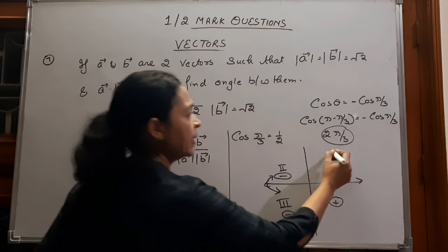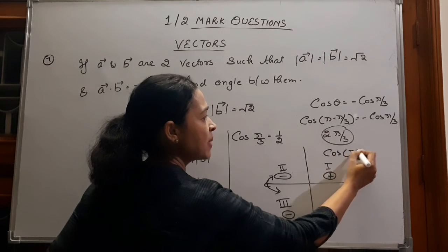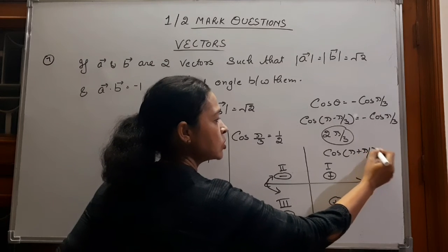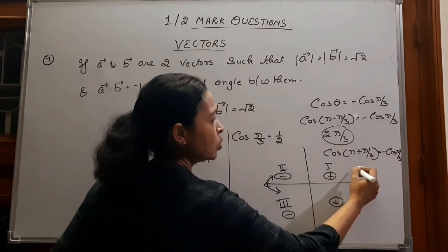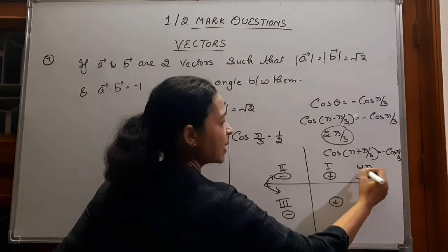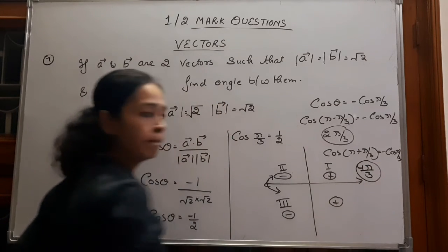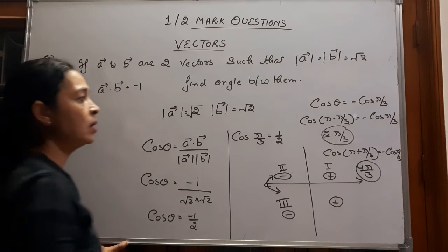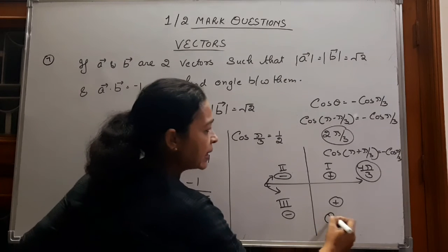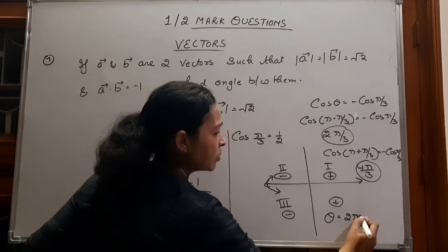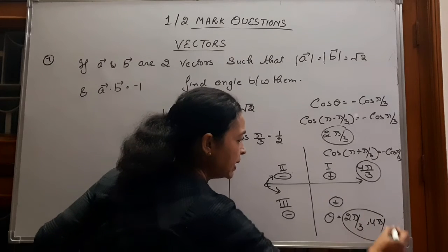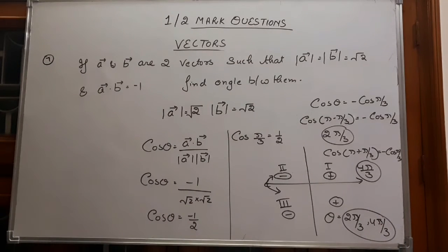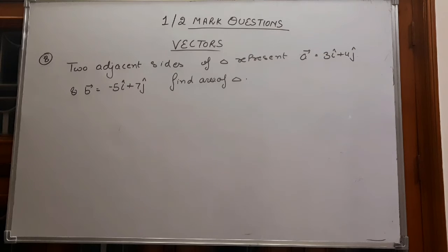Another, cos of pi plus pi by 3 is also minus cos pi by 3. So cos 4 pi by 3 is also minus cos pi by 3. So our angle theta equals 2 pi by 3 and 4 pi by 3. It is the value of theta, the angle between vector A and vector B.